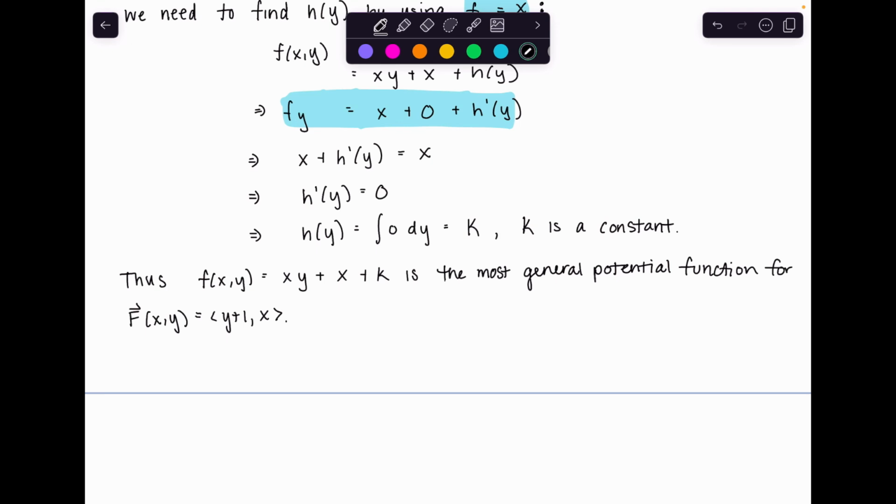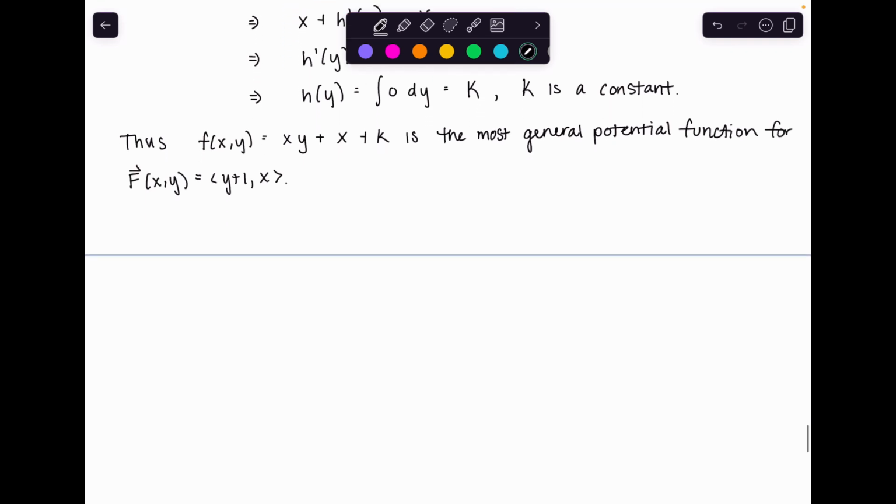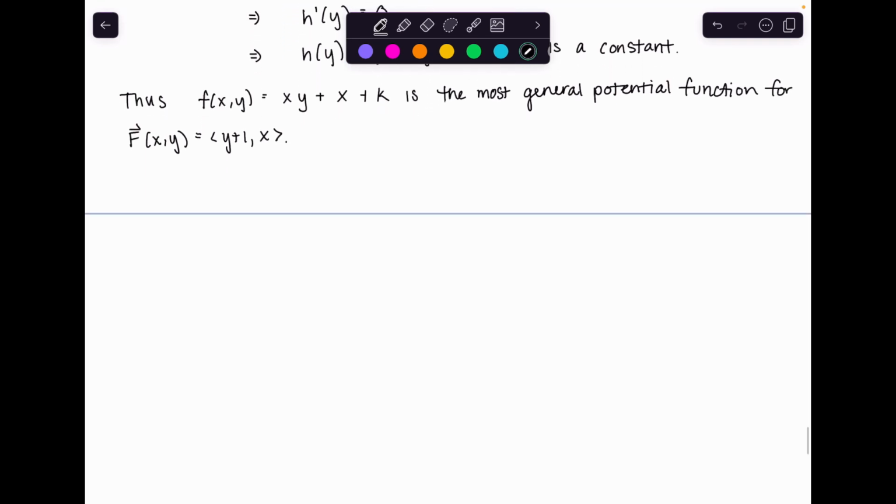But now I can go ahead and show that any curve from the point 0, 0 to 0, 1 is going to give the same line integral, using the fundamental theorem of calculus for line integrals.